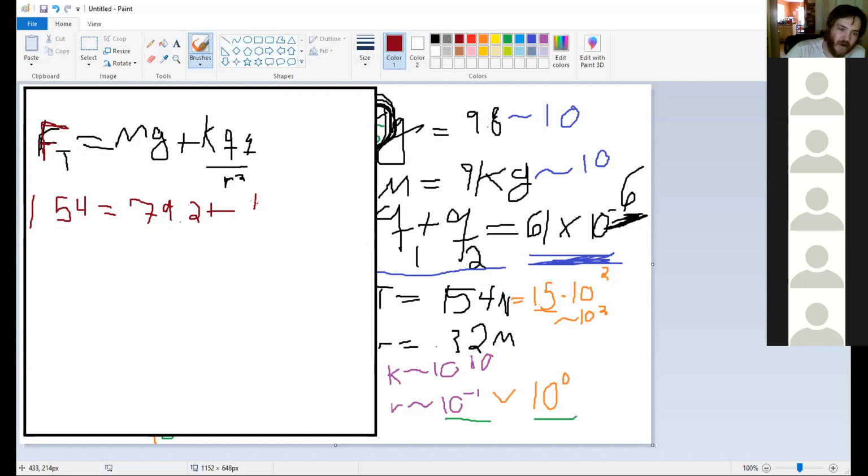Plus k over r squared q1q2. Okay, and then what we can do here is subtract that off and get a value. So we get 154 minus 79.2, which gives 74.8, equals k over r squared times q1, q2.